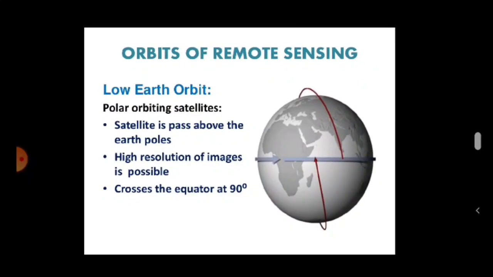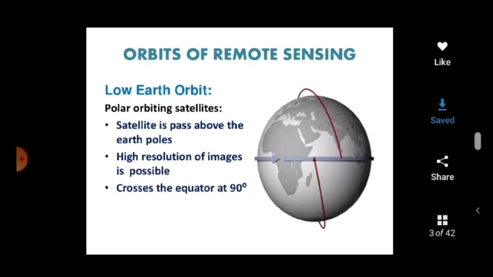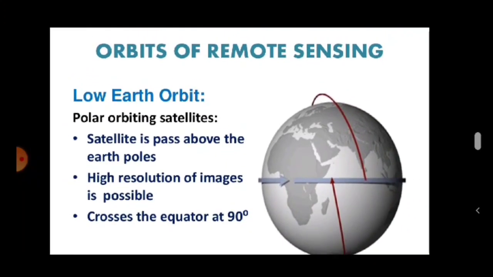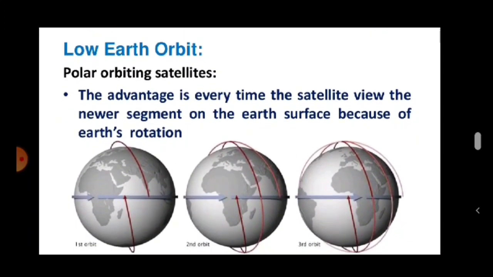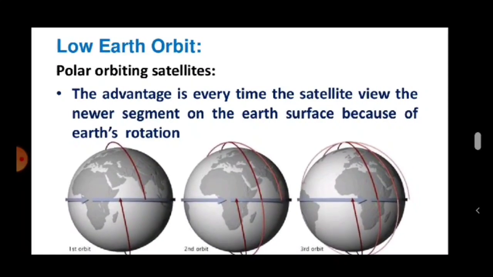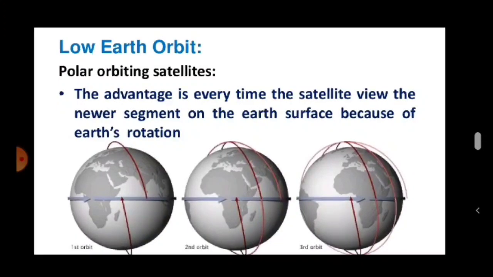The satellite passes above the Earth's poles, which is why we call it a polar orbiting satellite. High resolution images are possible, and it crosses the equator at 90 degrees, as you see in this picture. Also, the advantage is that every time the satellite views the newest segment of Earth's surface because of the Earth's rotation.